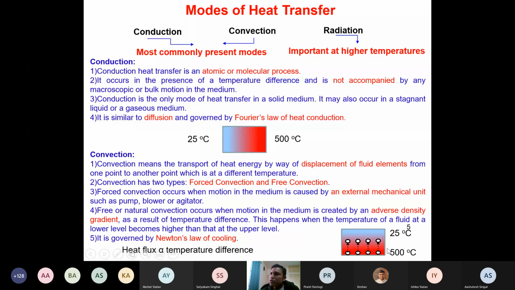So there is a movement of the liquid element because of the density difference, and such type of convection is referred to as free or natural convection.